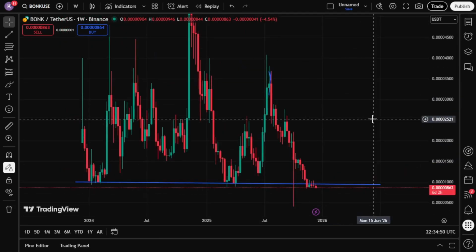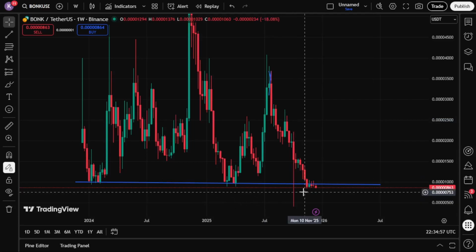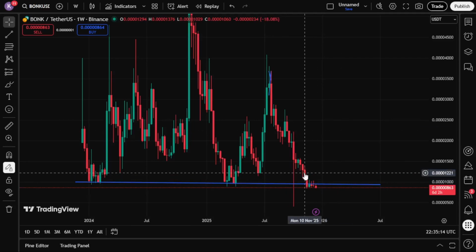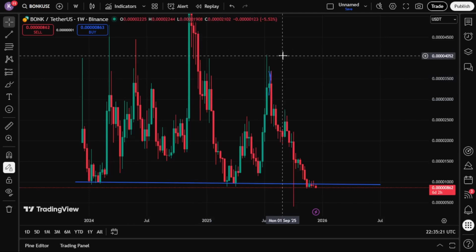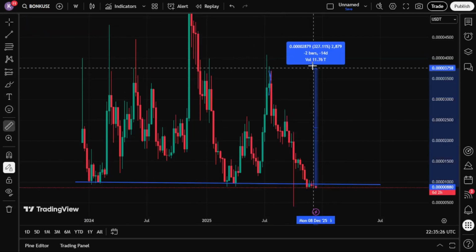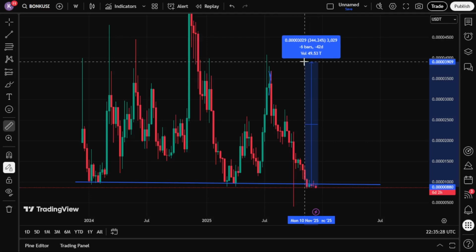But for the more optimistic view, I think that if Bonk does get a significant recovery and heads significantly above the trend line, and we see a period of euphoria in the entire crypto market, if Bitcoin gets at least close to its previous all-time high, and Ethereum follows it and gets a new all-time high, and we get an alt season, then I think that it is possible for Bonk to head significantly higher, potentially even all the way up to this resistance area, and then that would be a rally of about 300%, even slightly more than 300%.